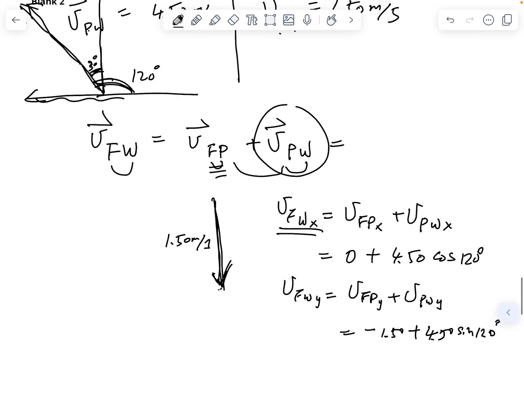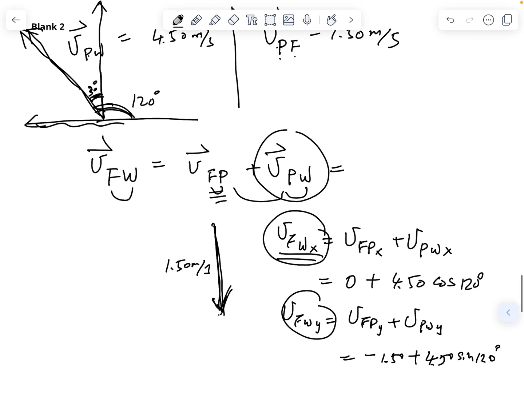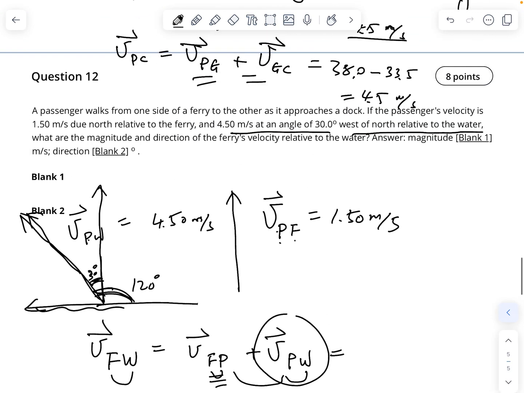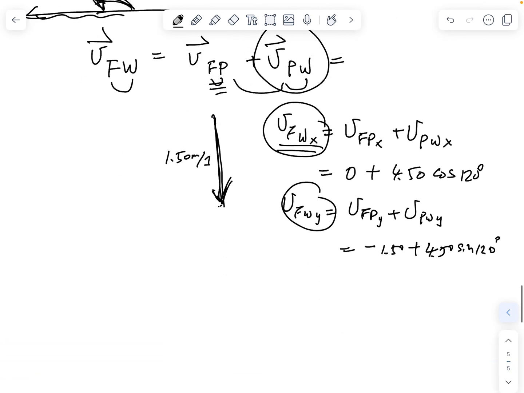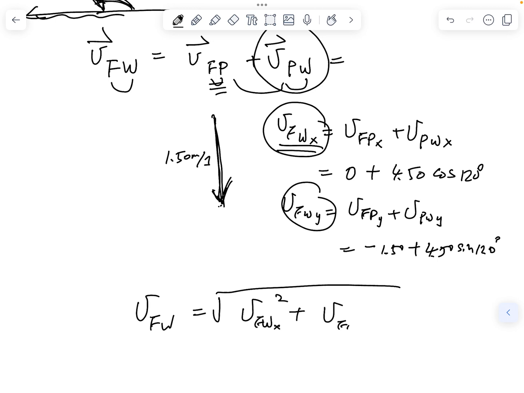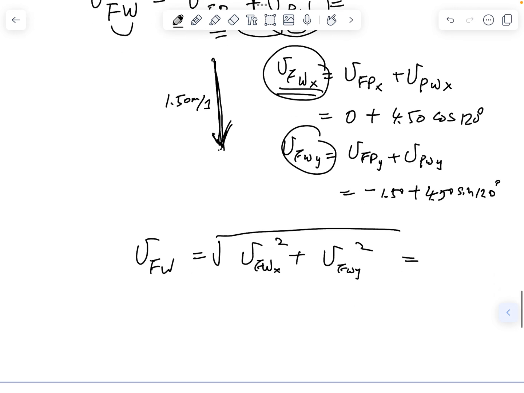So you get the resultant vector's x component and y component. You are asked about the magnitude. So the magnitude v ferry to the water equals the square root of vf water x squared plus vf water y squared. This will be the magnitude.